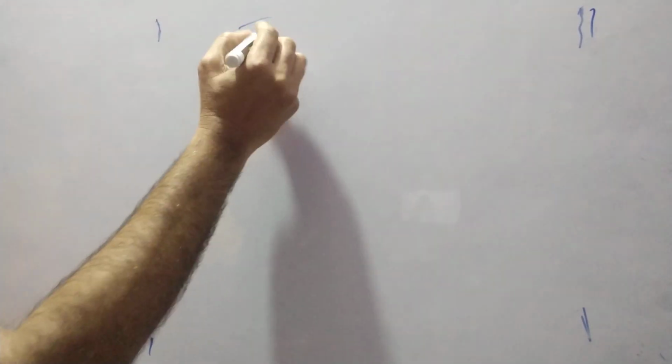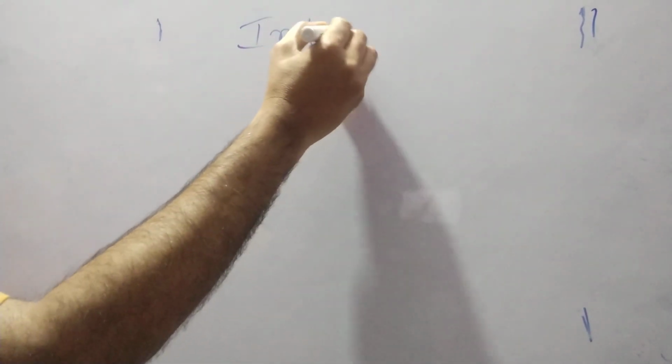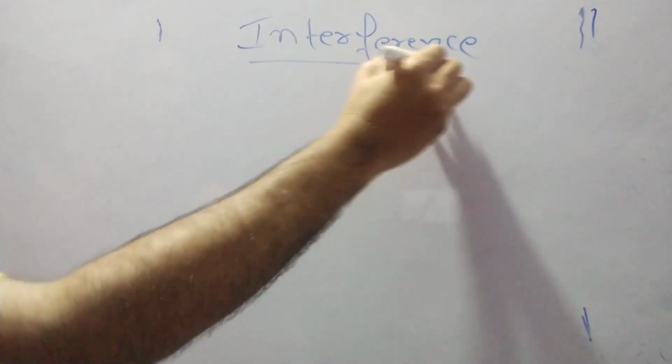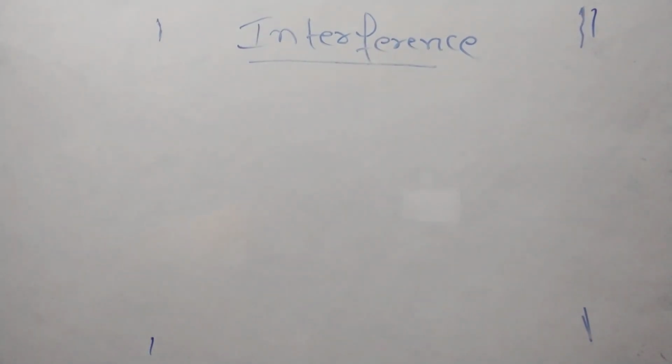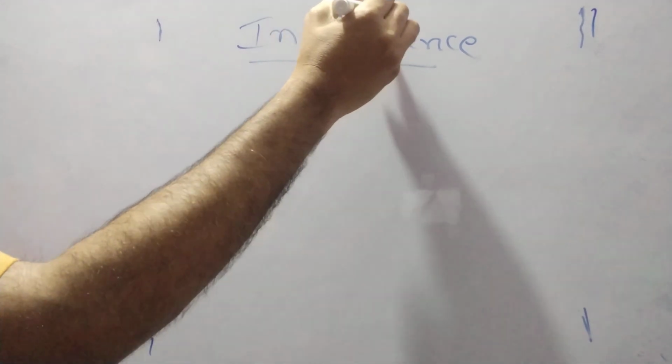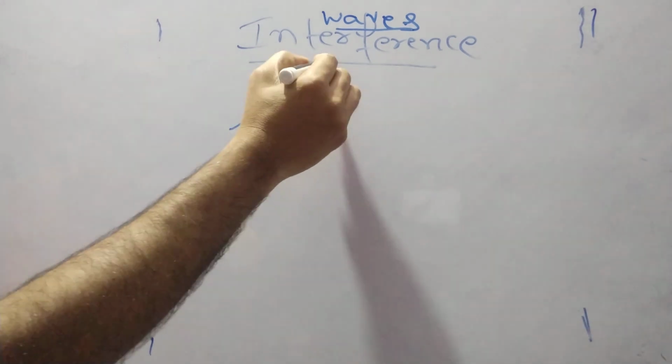This is interference. Interference in waves is of two types.